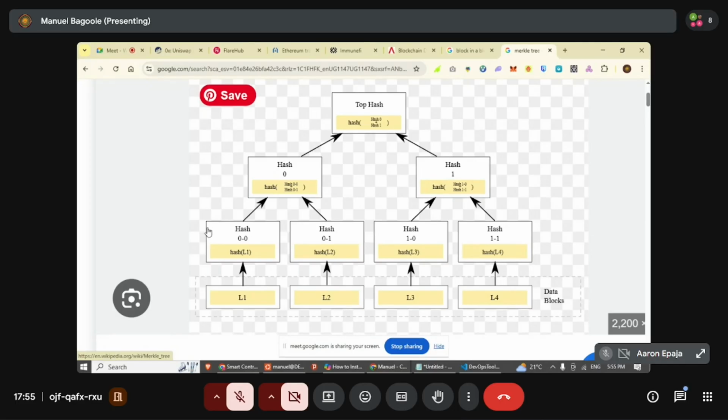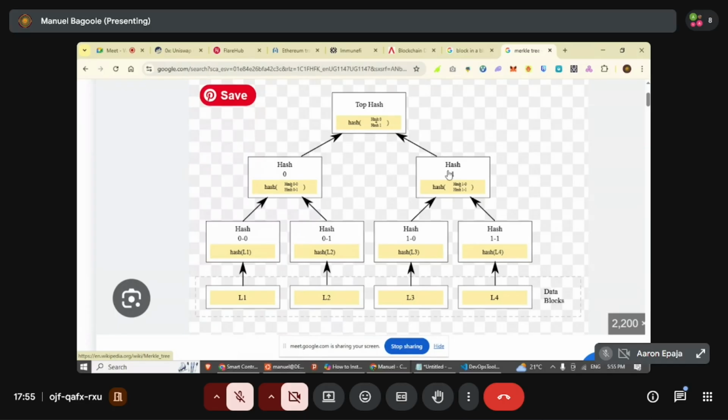So if we have 4 hashes of 4 transactions, we will pair the first 2 transactions to create a hash above them, and then the next pair until all the transactions are done to create hashes above them. Then the derived hashes of the original hashes of those transactions are also combined until we come to the very top, creating only a single hash.